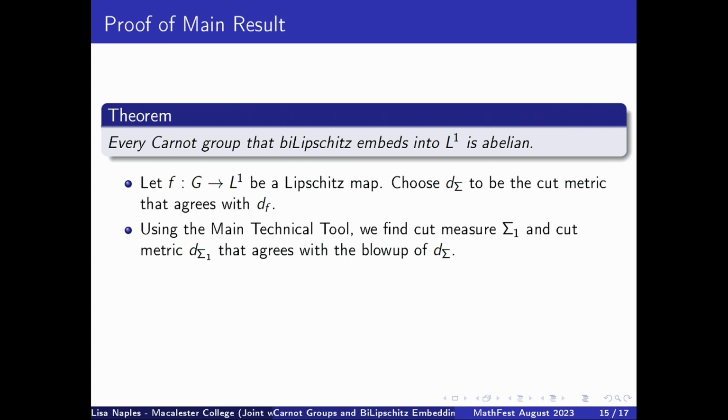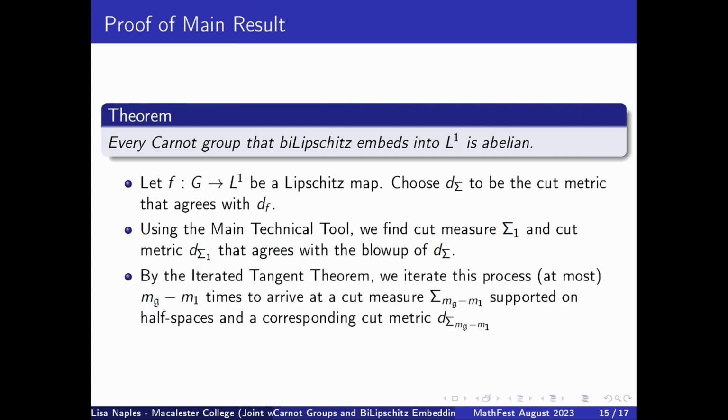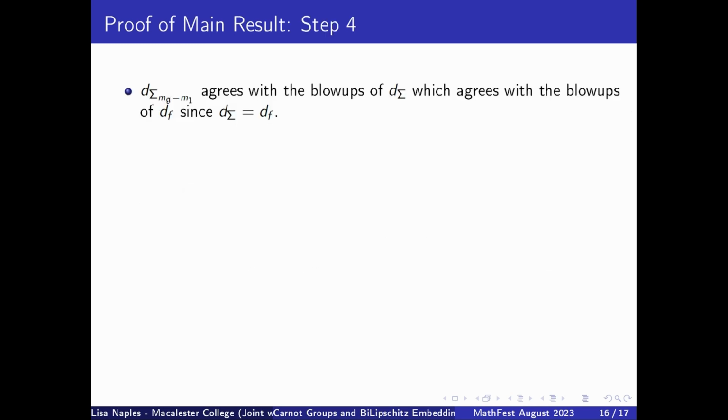We're going to start by finding a cut measure, we call it sigma 1, and a corresponding cut metric that agrees with our blowup of d sigma, so our original cut metric. And then we're going to iterate this process using our iterated tangent theorem. We're going to iterate it at most m_G minus m_1 times until we arrive at a cut measure that's supported on half spaces. And we also get a corresponding cut metric.